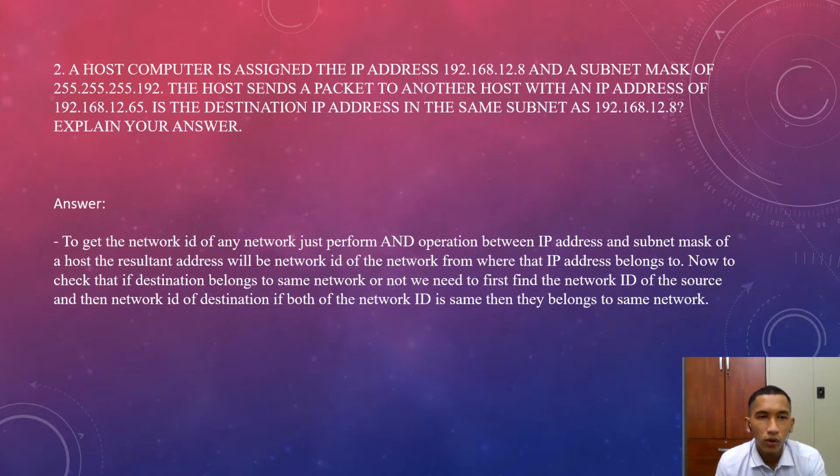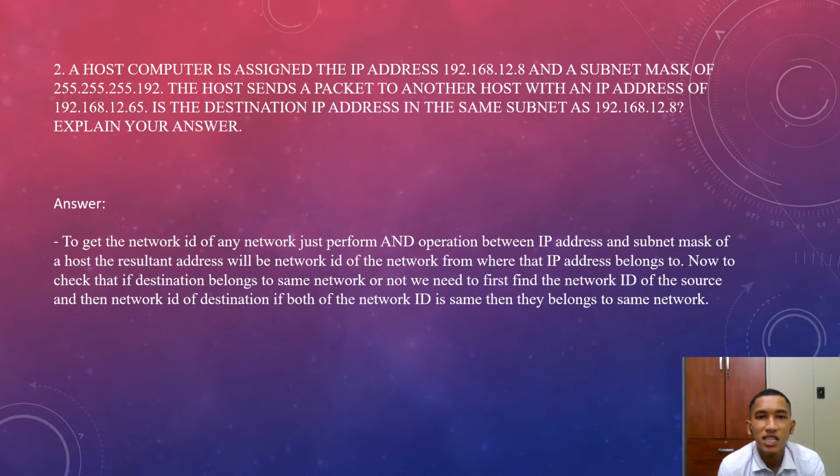For question number 2, a host computer is assigned the IP address 192.168.12.8 and a subnet mask of 255.255.255.192. The host sends a packet to another host with an IP address of 192.168.12.65.